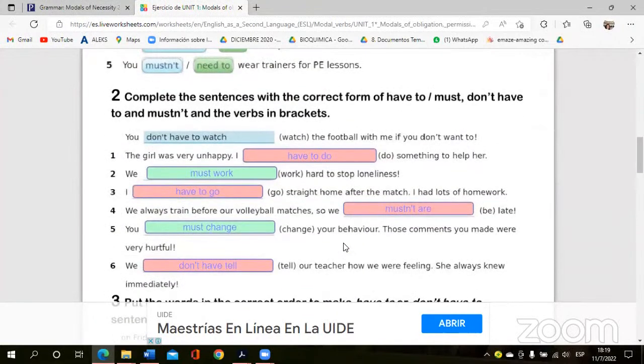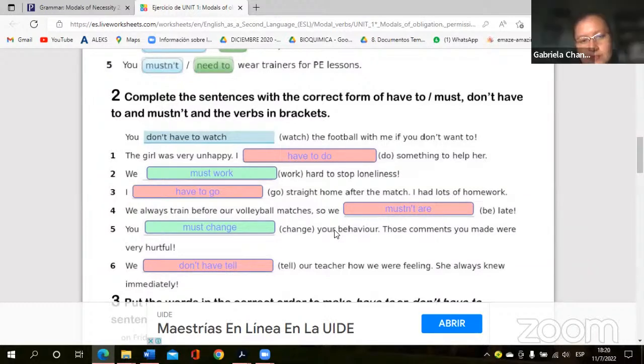Here in this second part, yes, we had some mistakes. The girl was very unhappy. I have to could be great, but we have to realize the tense that we were using. In the first sentence, we are using was, so the sentence was in simple past, right?